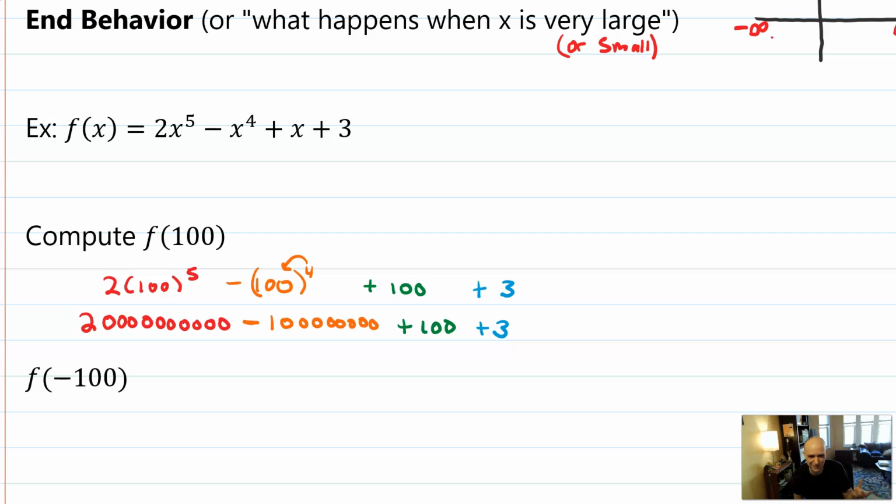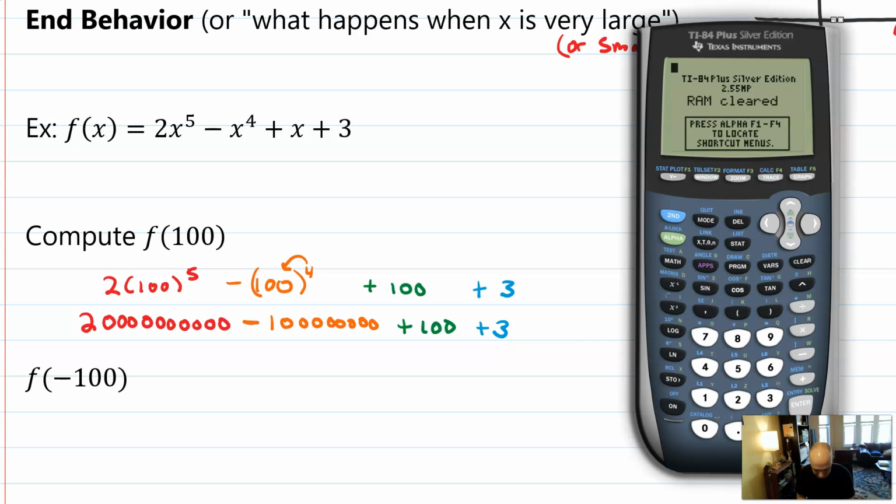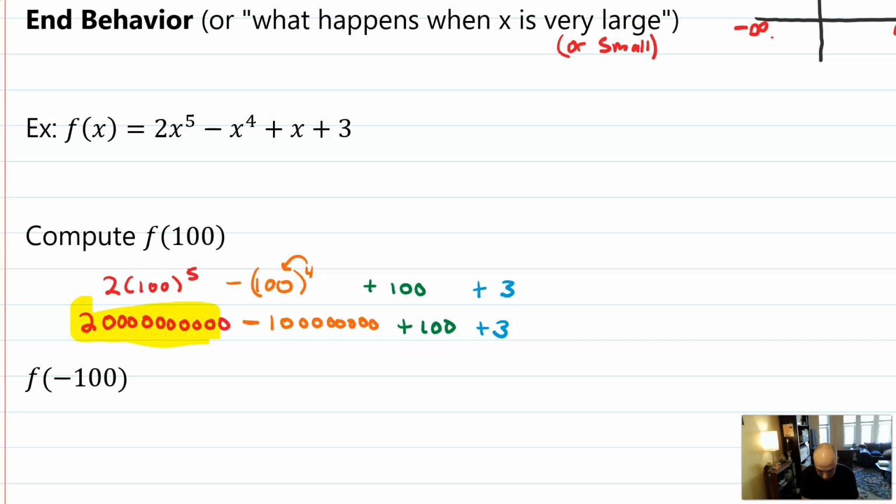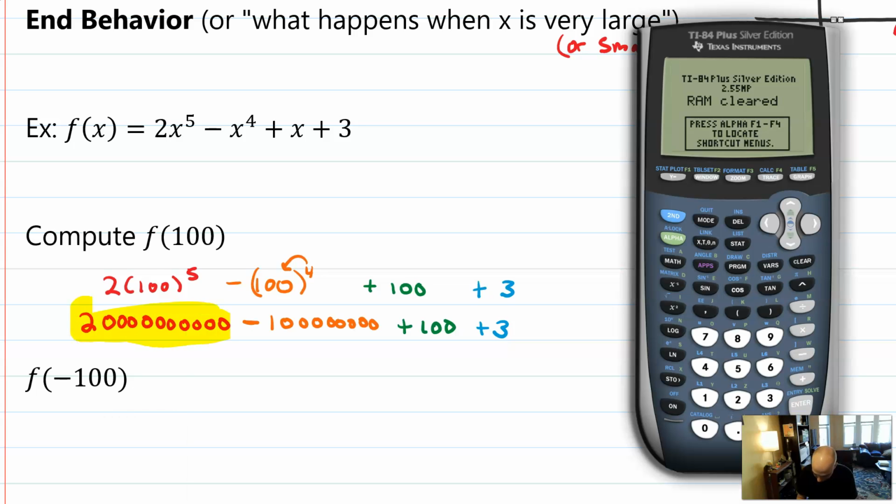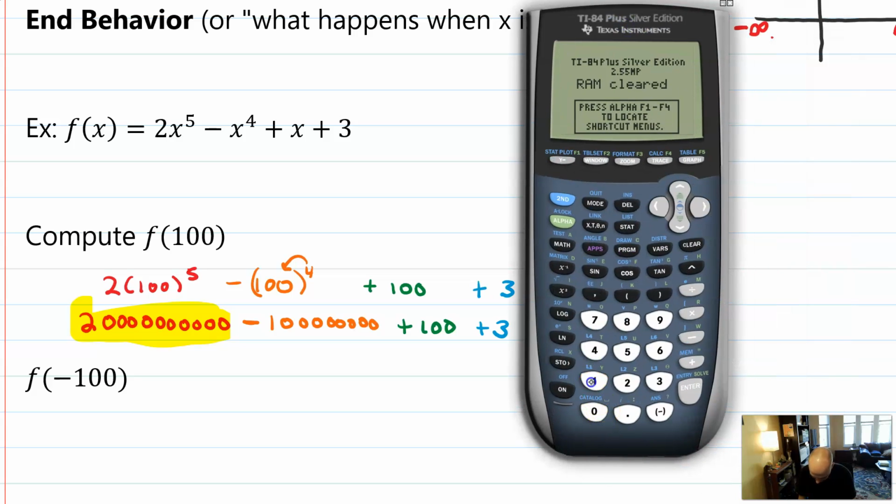And then we kind of want to ask ourselves, what term actually matters here? The only term that really is important was this leading term. Even if I do on the calculator 100 to the fifth minus 100 to the fourth and compare that to 100 to the fifth, it's not very much different.